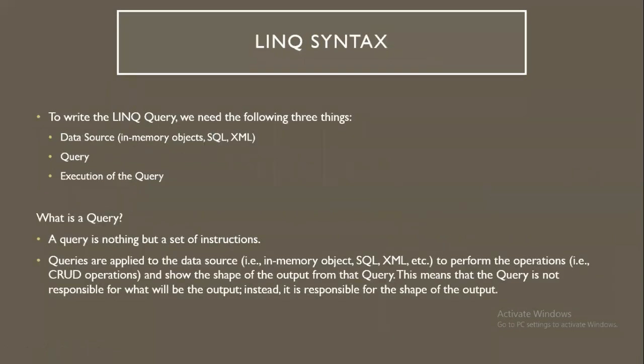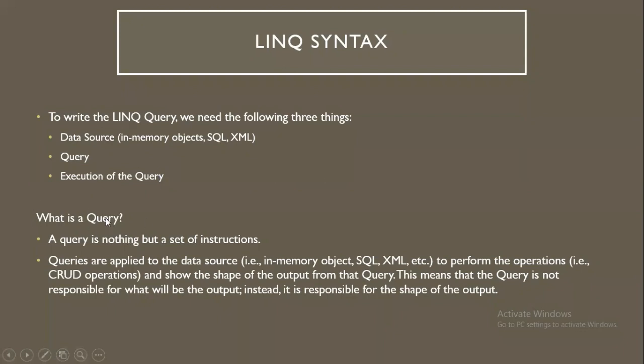Okay. Now to write a LINQ syntax, we need the following three things. We need a data source, which can be SQL or any other database, an XML document, or in-memory objects like collections, arrays, lists. We need to write a query and then execute the query. So we have three parts in the LINQ query: data source, the query, and execution of the query.